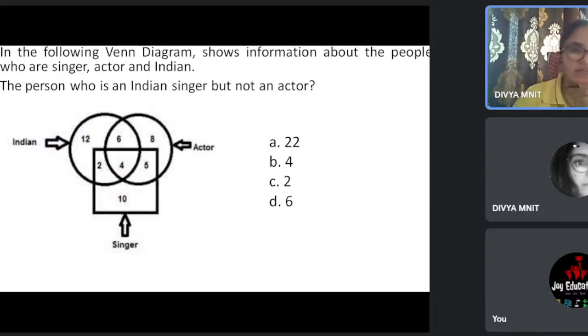Then in this example, this circle represents the Indians, this circle represents the actors, and the square represents the singers. The person who is an Indian singer but not an actor, means we have to find the number which lies in the first circle, not in the second circle, but also in the square. So what's the answer?